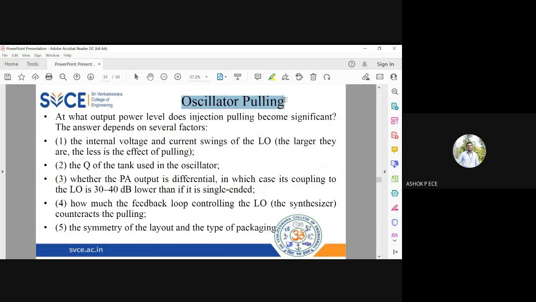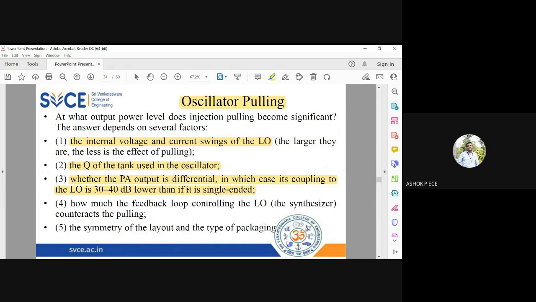So when does oscillator pulling become significant? One is how much voltage and current the LO is producing, whether they are high enough to be coupled. What is the Q of the tank circuit used in the oscillator? Whether the PA output is differential, whether you are going to take the output across the collectors of two transistors or between the collector and ground of one transistor.